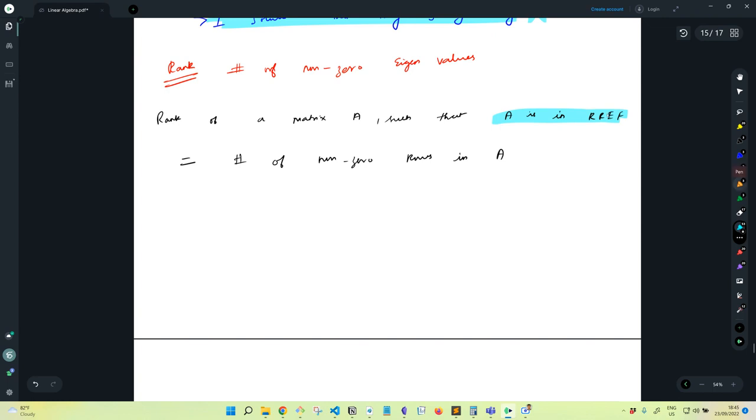Yes, definitely sir. Now, let me ask you a question to probe if you understood the rank definition. Let's say you're given a system AX equal to B, such that the solution X is unique. Let me refine the question.